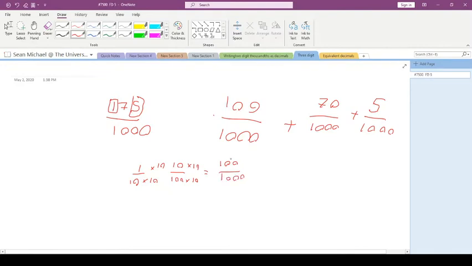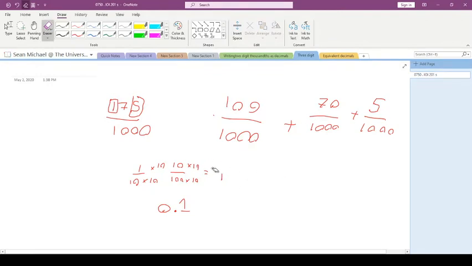So you can see that 100 thousandths is equal to 1/10, and thus when we would write this down to start, we could say 0.1. So we know we have 1/10, and now we go to the next one.